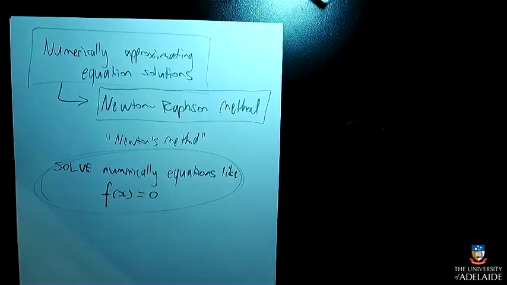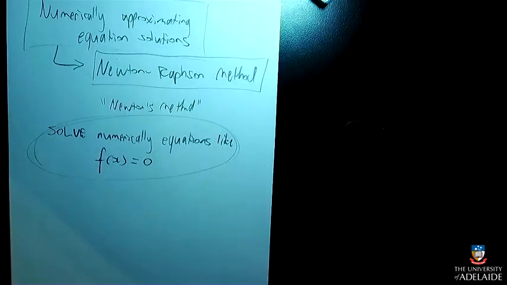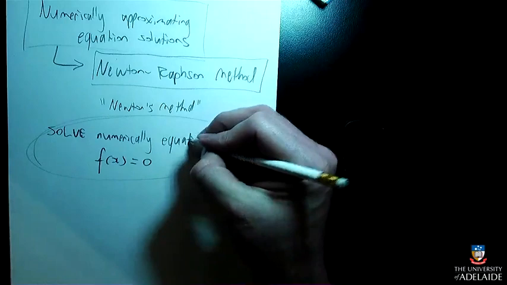So if you have an equation you would like to solve that isn't f of x equals 0, you need to rearrange it to be in that format before you can use Newton's method. It's a classic one that came up in one of the assignments this semester, where people are going, what do I do? It says sin x equals tan x. Actually, you need to go sin x minus tan x equals 0, and that will do it. Okay, so solve numerically equations like that.